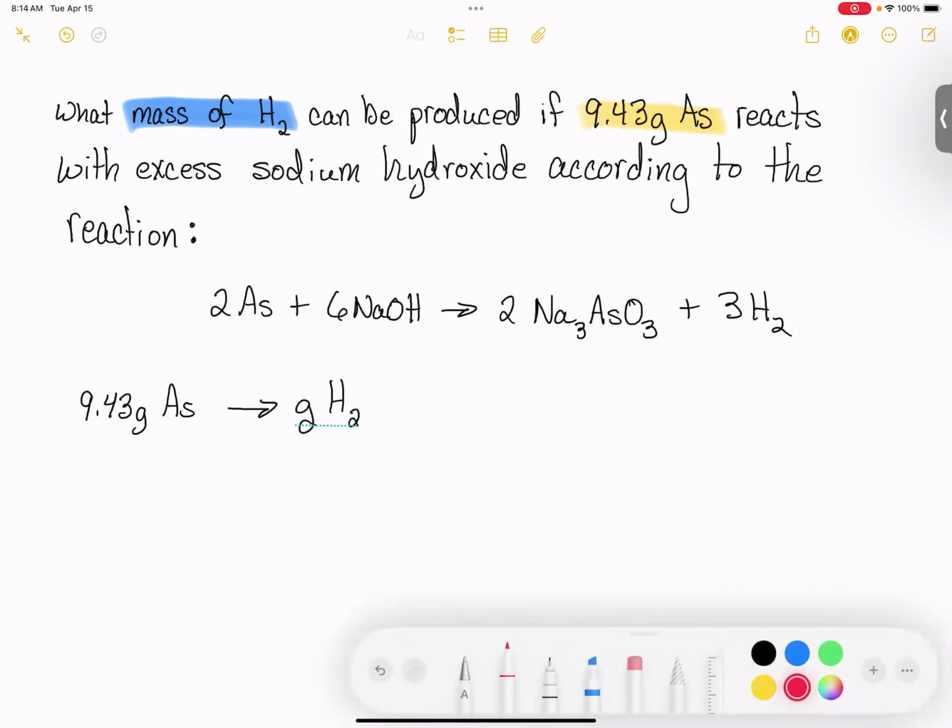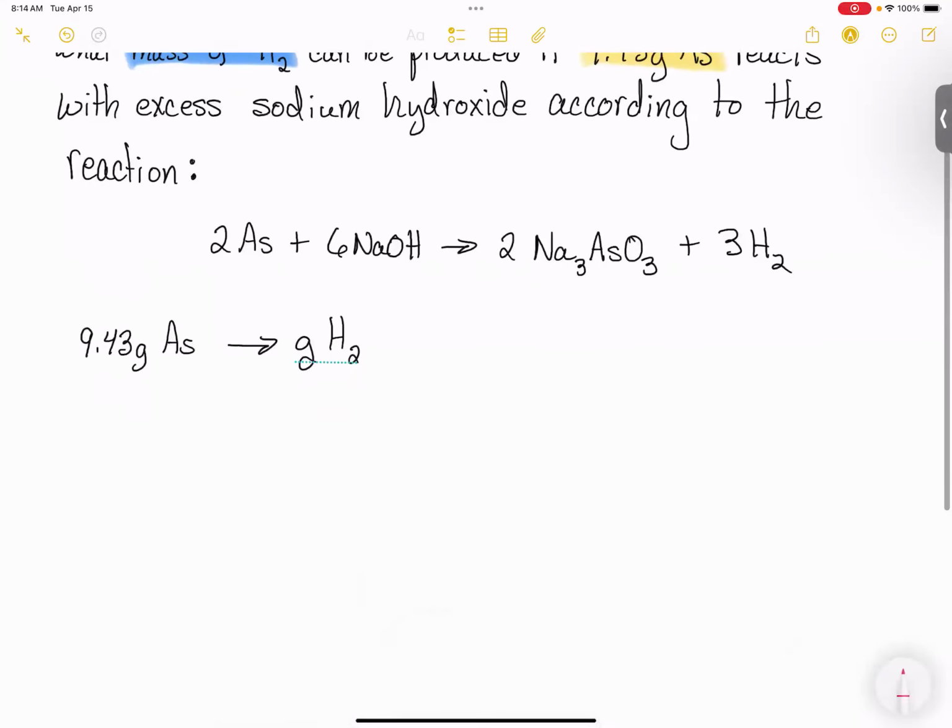Looking at this, the substances are different, and therefore you're going to need a mole-to-mole ratio, which will come from the balanced chemical equation. According to the balanced chemical equation, 2 moles of arsenic react to give 3 moles of hydrogen.